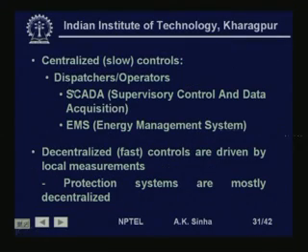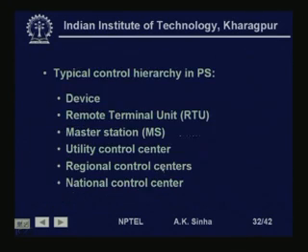Some examples of centralized control are SCADA systems and EMS systems. Decentralized controls, as I said, are protection systems and some controls like your speed governing system for turbines and generators.